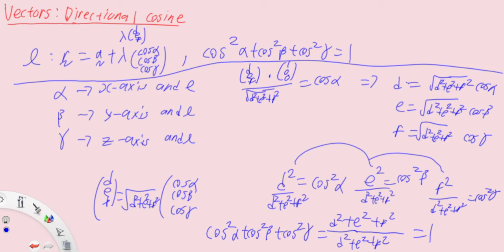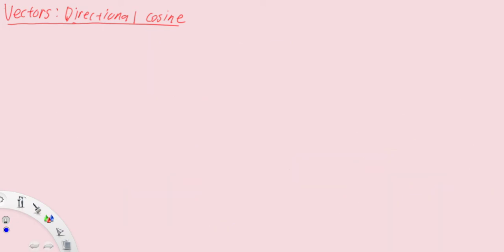So let me just conclude this portion of our vectors, which I've kind of forgotten to go through in our crash course. If we have L making angles of alpha, beta and gamma with the three different axes, x, y, z, the direction vector is cosine alpha, cosine beta, cosine gamma.